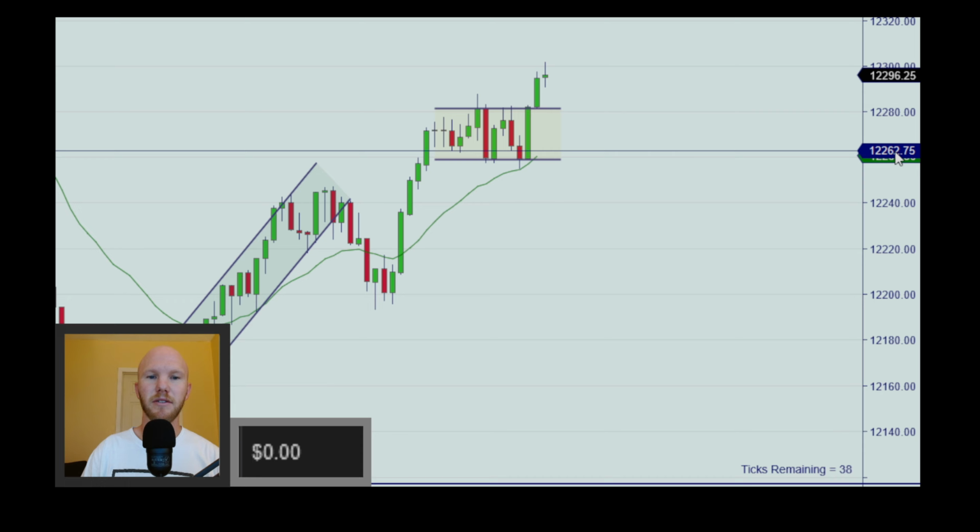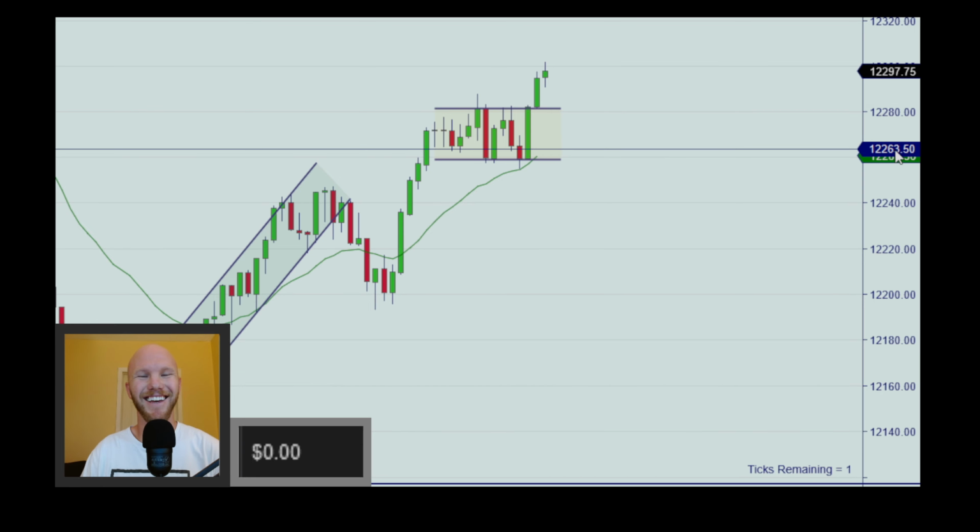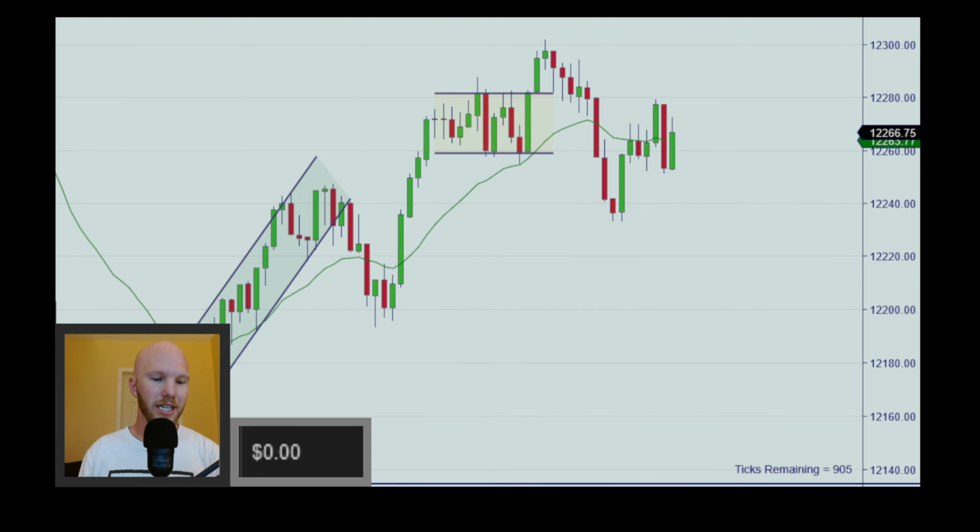Oh shoot, you probably couldn't even see any of that. My bad. Okay, we did end up getting a move back into the range, and then as you can see, a break below, and then a move back up. This is just kind of chopping around, honestly.